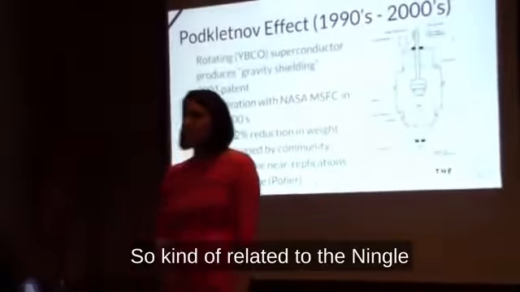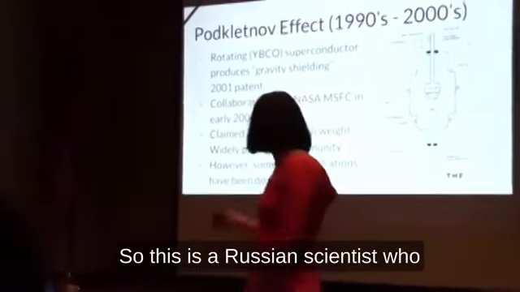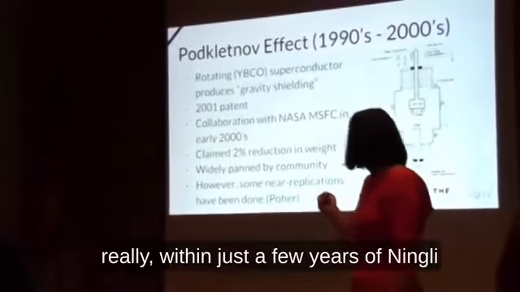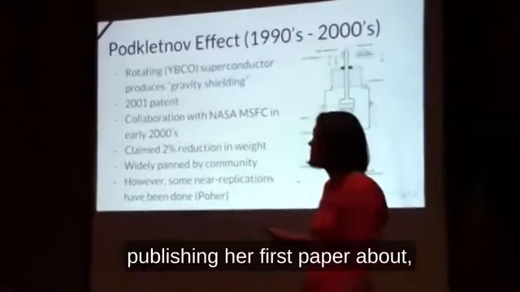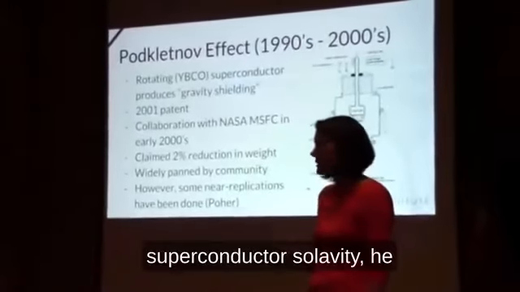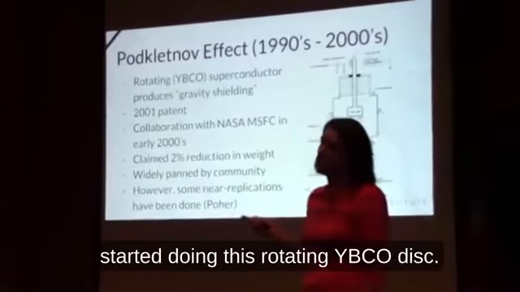Kind of related to the Ning Lee thing is the Podkletnov effect. This is a Russian scientist who, within just a few years of Ning Lee publishing her first paper about superconductors and gravity, started doing this rotating YBCO disk.